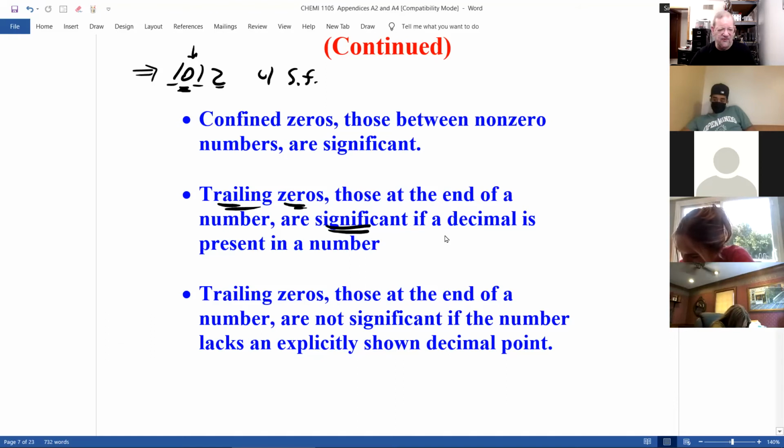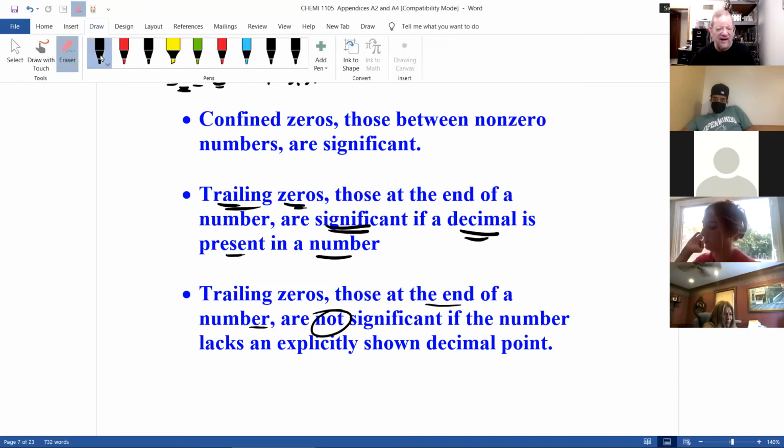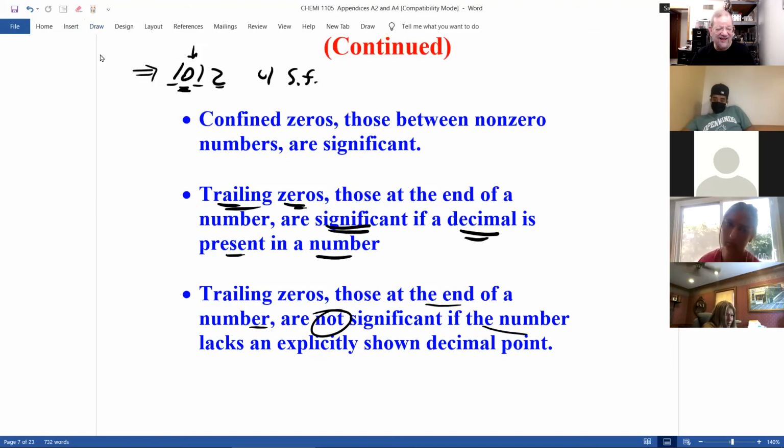So trailing zeros are significant if a decimal point is present in a number. However, trailing zeros, those at the end of a number, are not significant if the number lacks an explicitly shown decimal point.